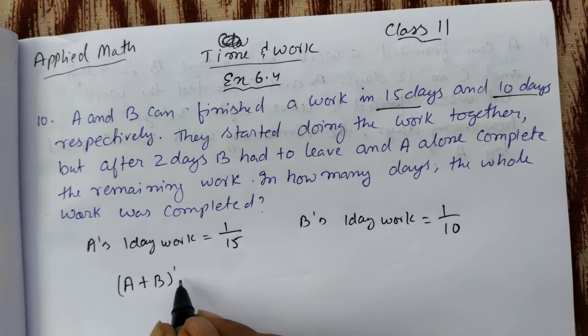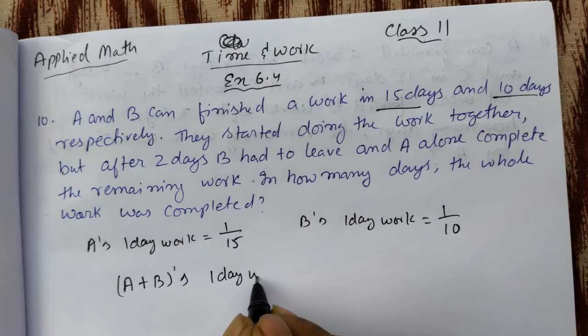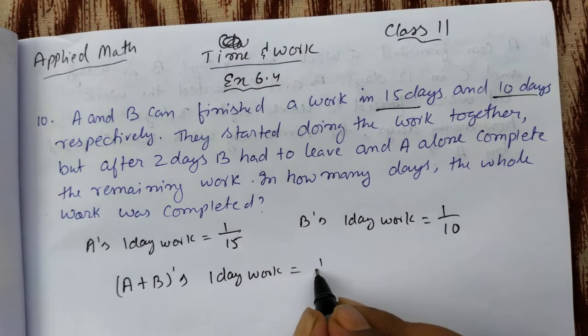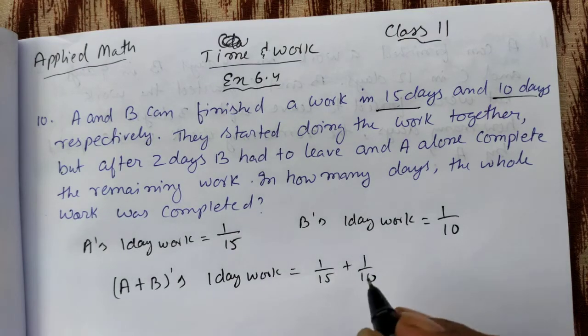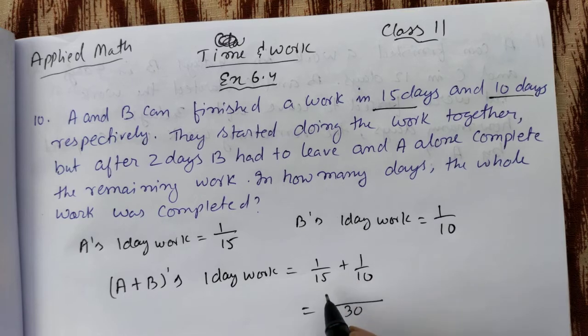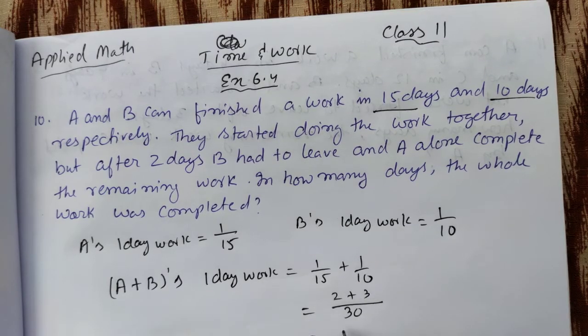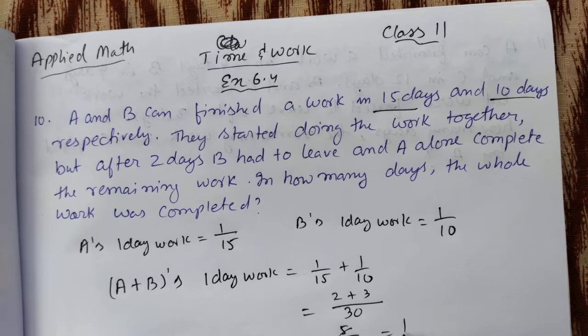So first find A plus B combined work for 1 day. That means I'll add both 1 by 15 plus 1 by 10. If I take the LCM, 30 is the LCM, 2 plus 3, 5 by 30, we're getting 1 by 6.